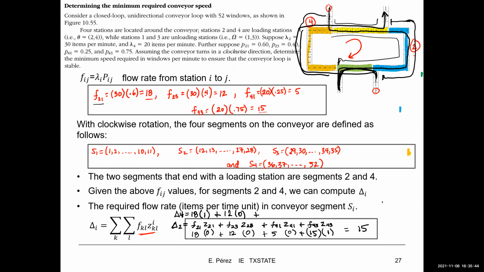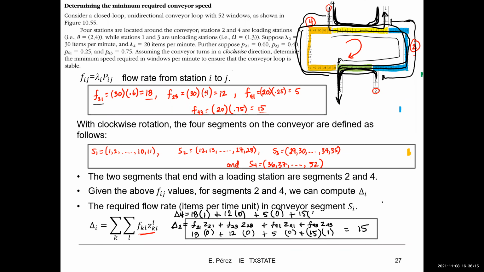From 4 to 1, so this is 4 and then 1. So you are not using yellow. I'm sorry, you're not using the orange. So this is 0. And then the last one is from 4 to 3. So you go from 4, this is 4, up to 3. So you go all the way here, up to here. This is also 0.